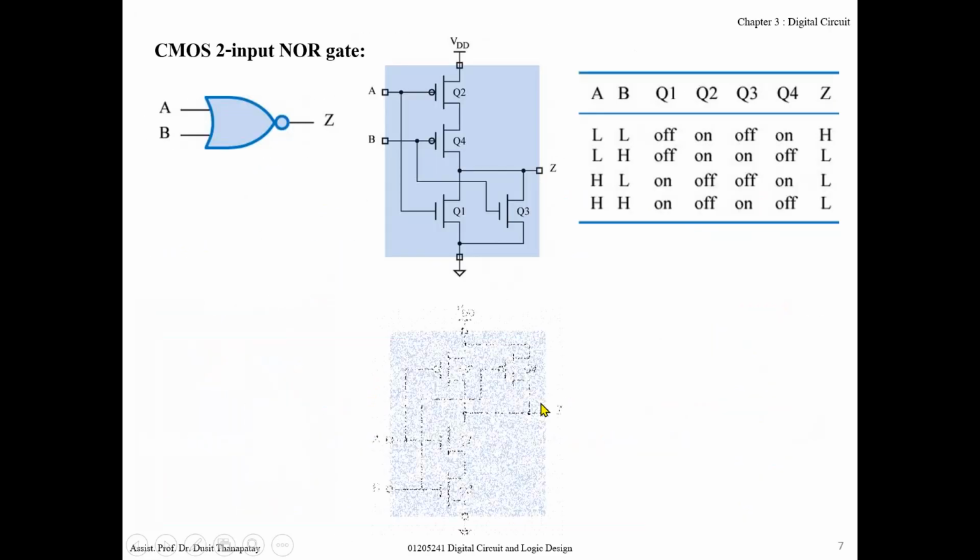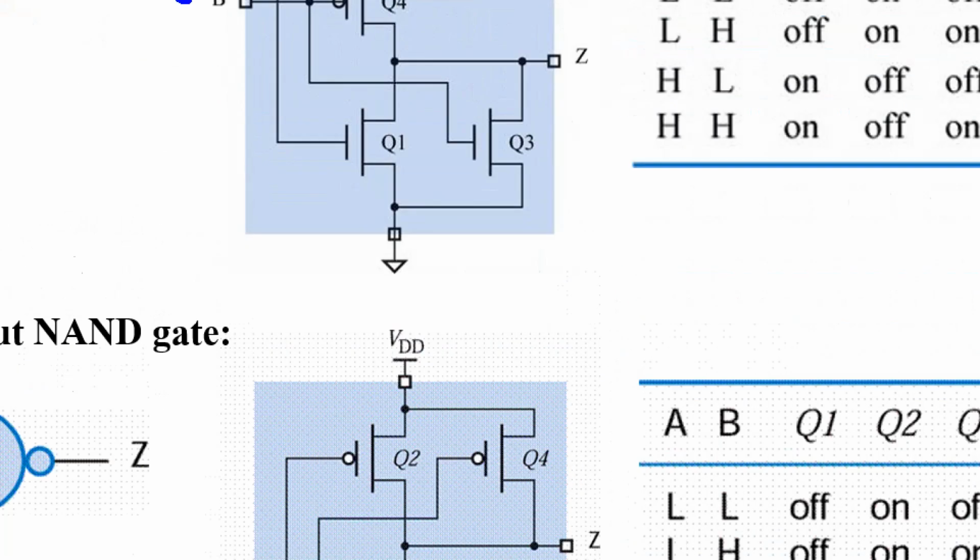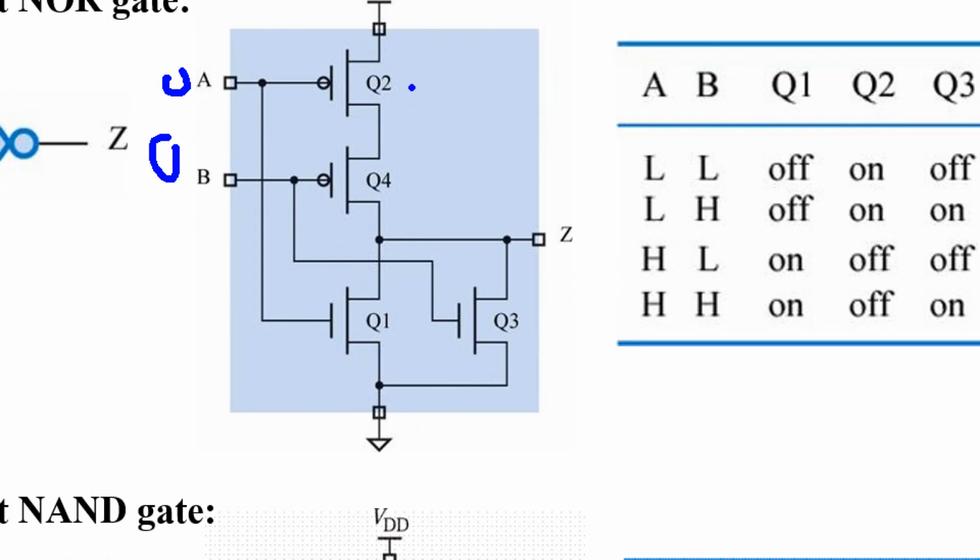And we also analyzed the NOR function and NAND function. For the NOR function, when you analyzed last time, we did it by applying 0, 0 and considering whether each transistor turns on or off. For example, if you apply 0, 0, this one is active low, so Q2 turns on.